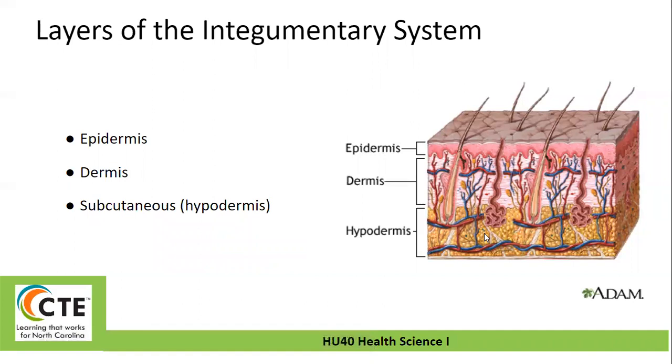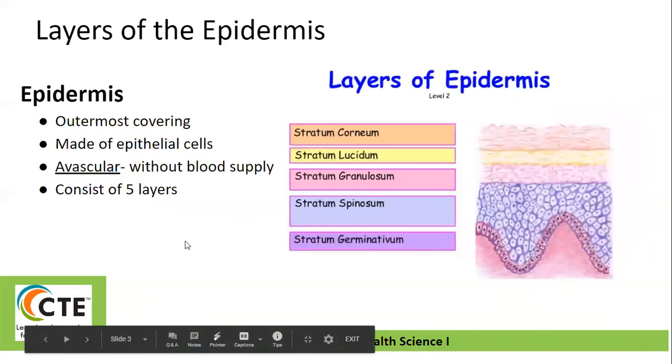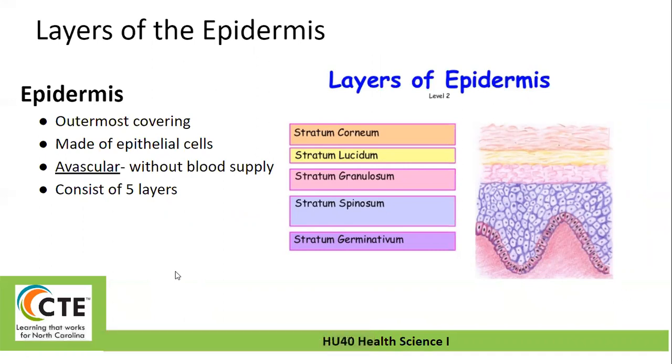Now, all of this yellow stuff, and I don't think I mentioned this in our earlier chapters, but anytime you see yellow in a book, it's always going to represent fat, okay? So this is adipose tissue. All right. So the epidermis is the outermost layer of the skin.